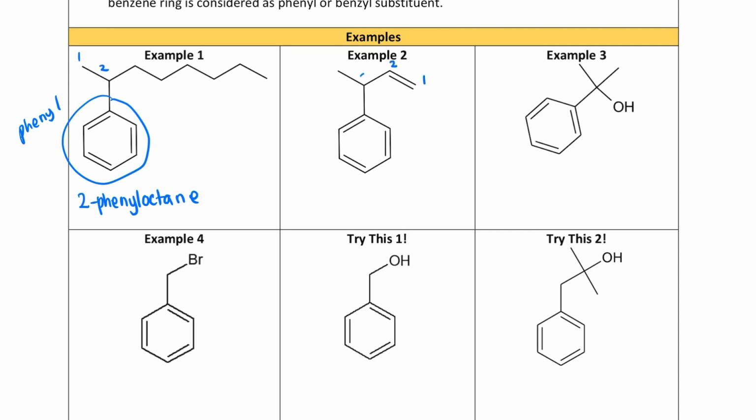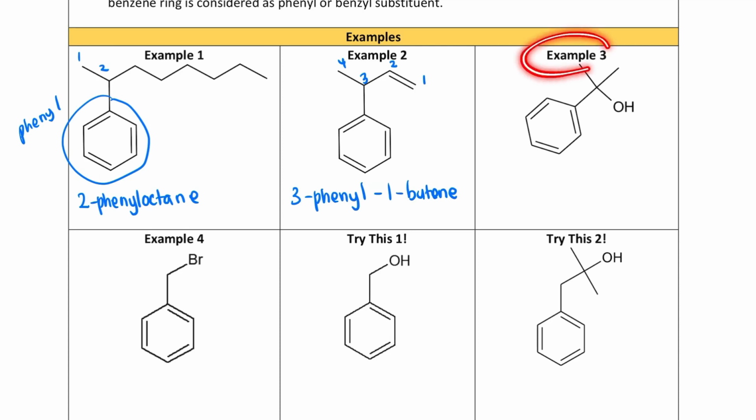So 1, 2, 3, 4. Okay, so kita punya phenyl berada pada carbon number 3, so dia jadi 3-phenyl. Okay, and then parent kita adalah 4 carbon, so butene, and add carbon number 1, so 3-phenyl 1-butene. Okay, so 1 here we use to indicate the position of carbon-carbon double bond lah. Carbon-carbon double bond tu between carbon 1 and 2. Right? So that is example 2.